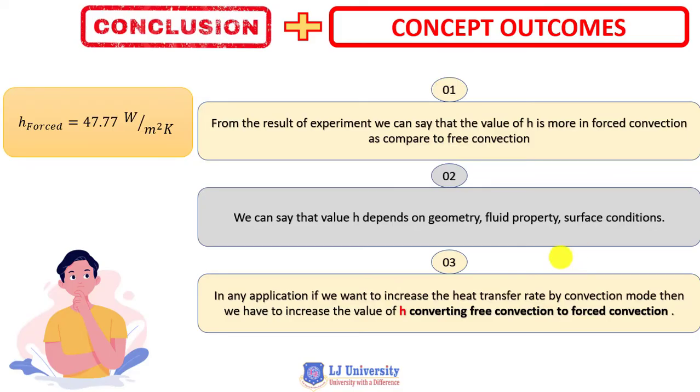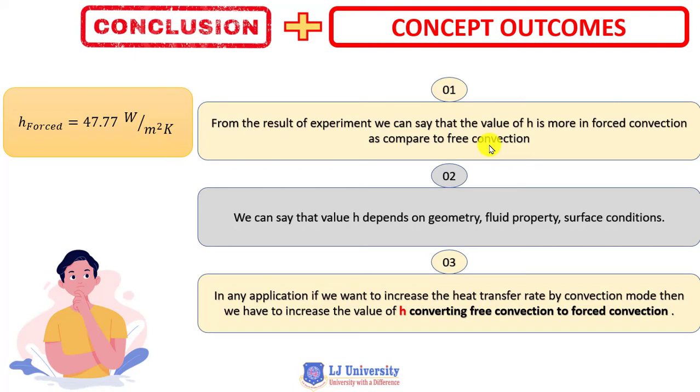Now let's understand the conclusion and conceptual outcomes from this reading. Here we can see that the value of the forced convective heat transfer coefficient is 47.77 watt per meter square Kelvin. From the result we can say that the value of H is more in forced convection as compared to free convection.